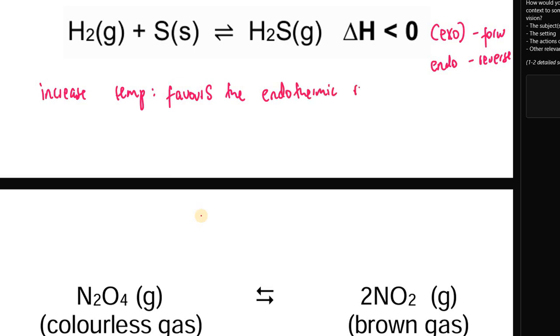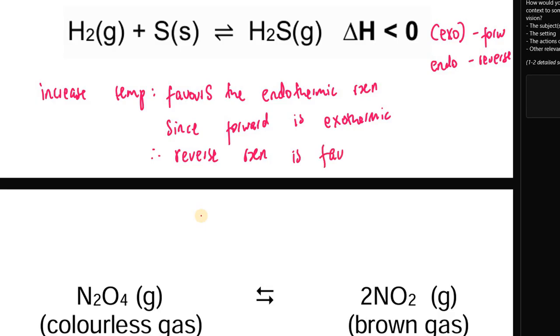Then since the forward reaction is exothermic, therefore it means the reverse is the one that will be favored. That is it.